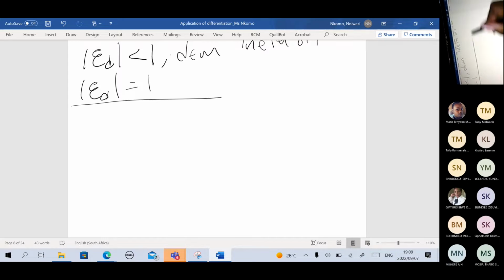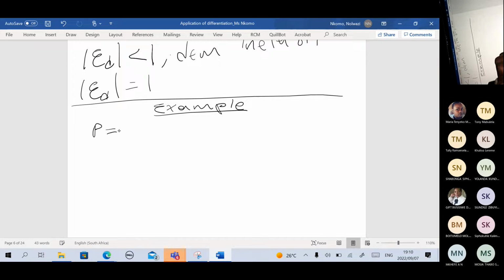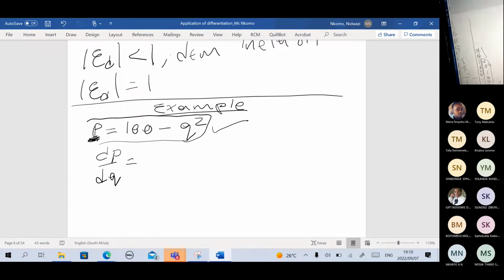Let's say we are given a demand function as P equals 100 minus Q squared. If this is the case, we can find the derivative of P with respect to Q. We are differentiating this function with respect to Q, and if we do that, we get minus 2Q, right?